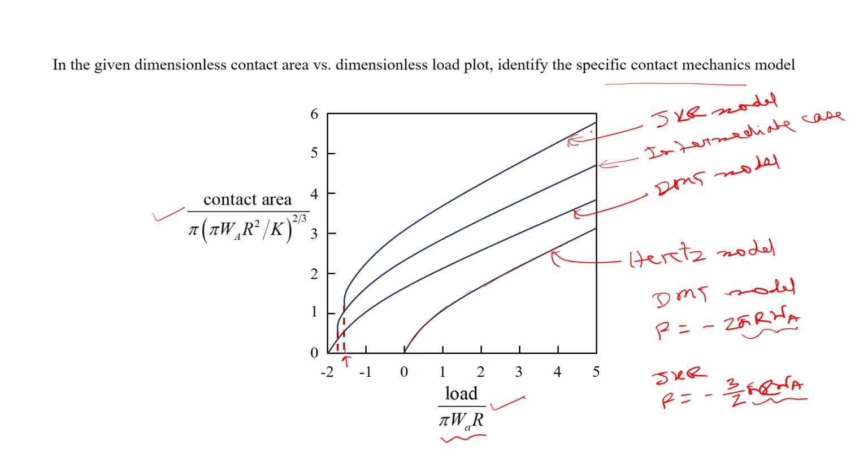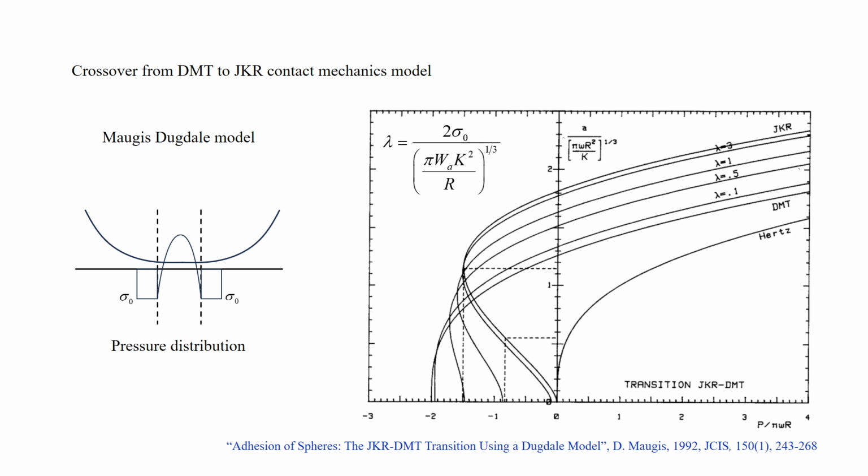That is the point here, and that needs to be taken care of. So, we need to worry about this crossover from the DMT to the JKR contact mechanics model, and that was taken care of by Maugis, and he used this Dugdale model, okay.